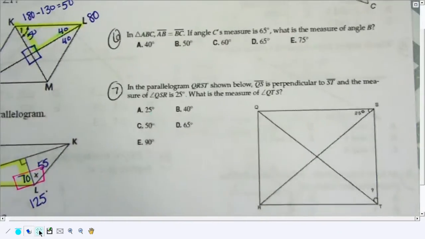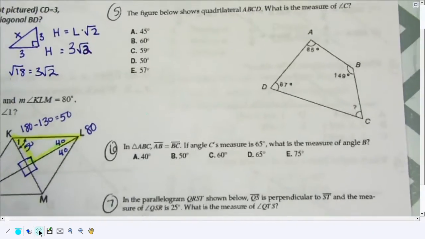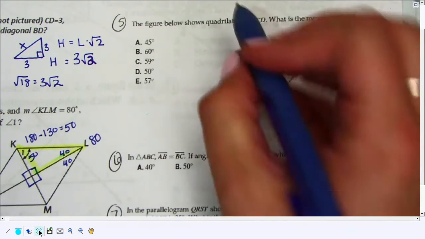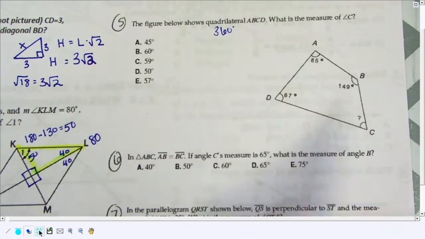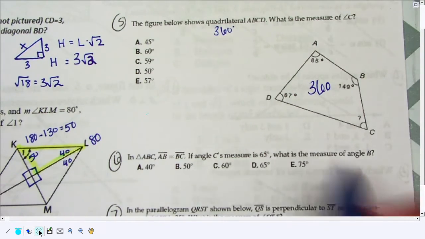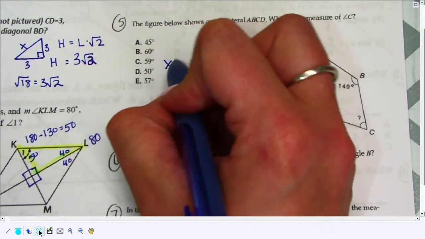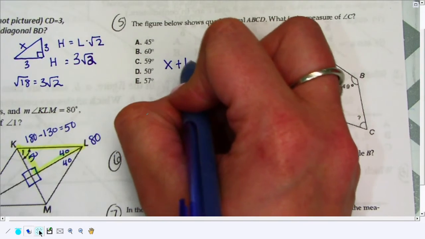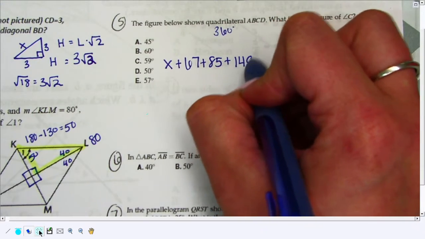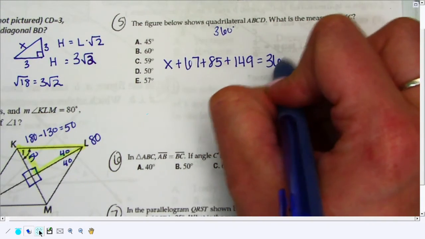Okay, number 5. In the figure of the quadrilateral, what is the measure of C? So this is a question mark. Remember, quadrilaterals add up to 360 degrees. So basically all of these just have to add up to 360. So I'm going to change question mark to X. So I'm going to do X plus 67 plus 85 plus 149 equals 360.